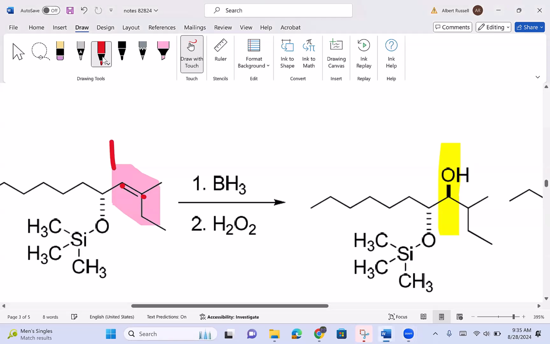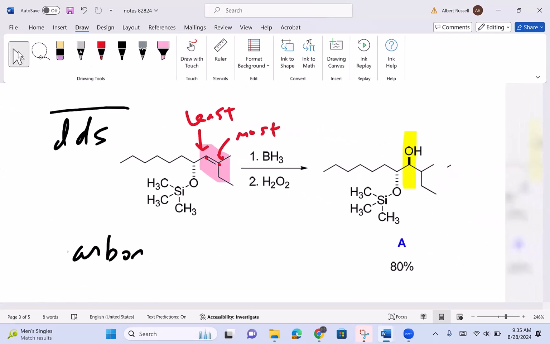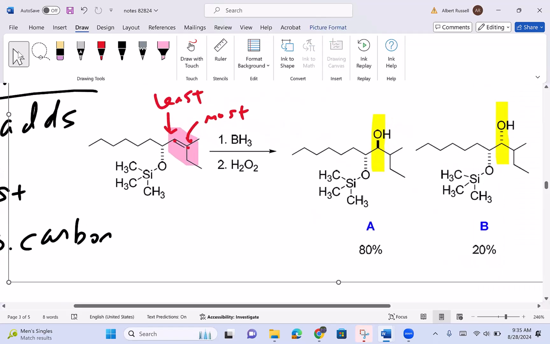So this is the least, and then this one here is the most substituted. It has more bonds to carbon. That's all that means. One side has more bonds to carbon than the other.